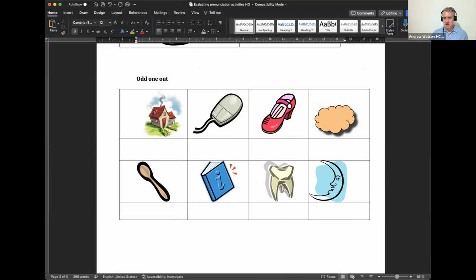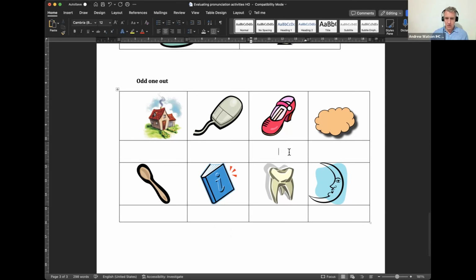Yeah, because the sound in shoe is, let me just find the sound for you. In shoe, it's this sound. Shoe.